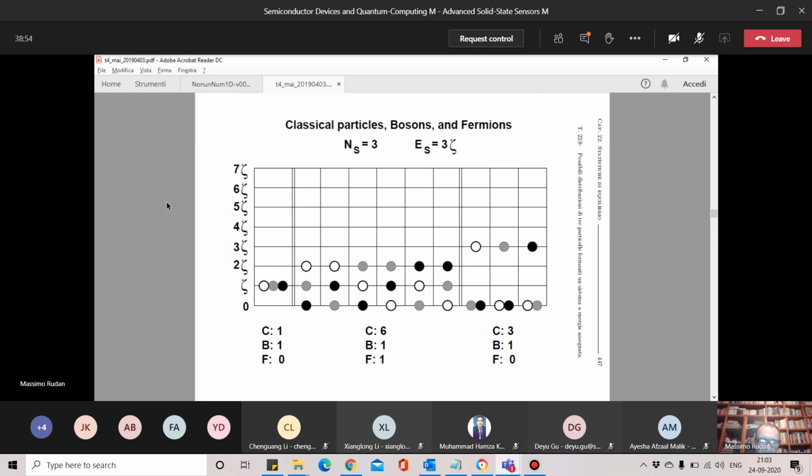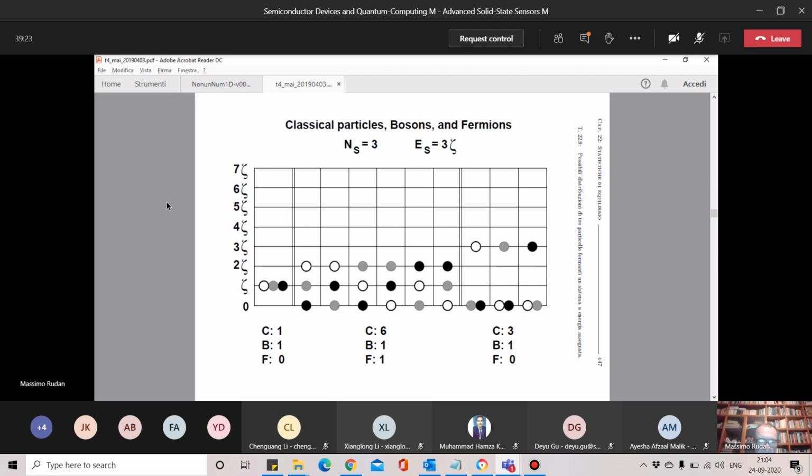And for a crystal, the available energy state are those prescribed by the band structures, the band structure of the crystal. Okay. The calculation is not so easy because when you have a large number of particles, the combinations become immediately very, very many. Okay.